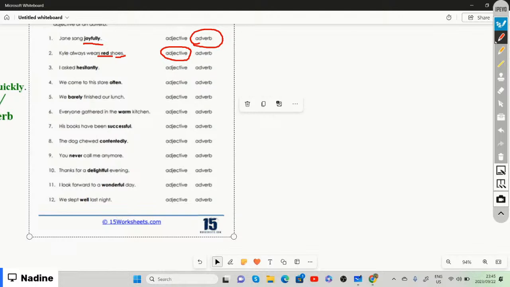All right, now look at number 3. I asked hesitantly. Is asked a noun or a verb? If I ask, does it mean that I'm doing something? Asked.